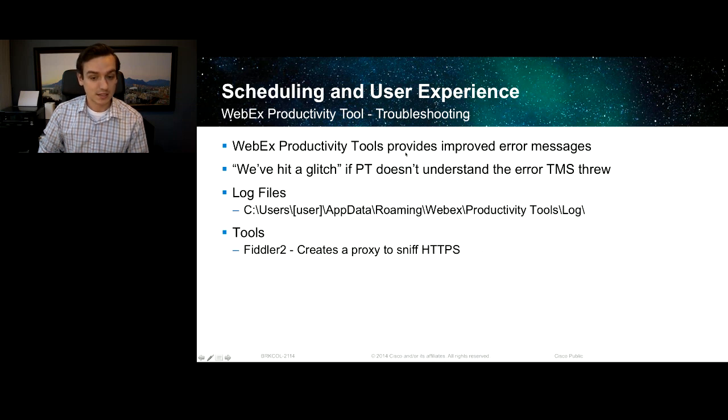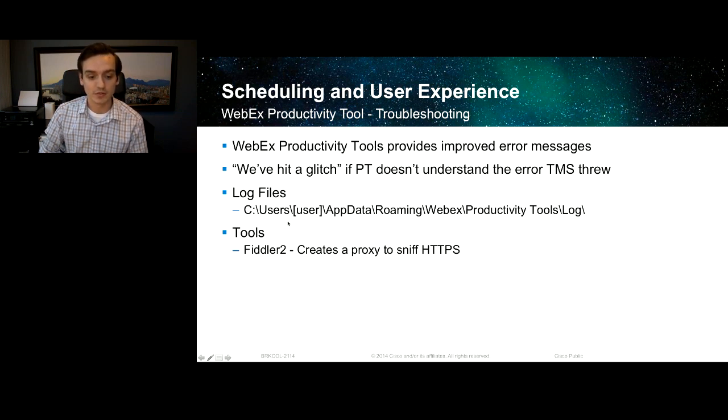So Productivity Tools does have some improved error messages, so it should give more accurate information on why we couldn't book the meeting. Previously, the only error message we got is we've hit a glitch. That may still pop up every once in a while. Basically, Productivity Tools doesn't understand the error message that the TMS booking service sent to it, and it'll just blankly say we've hit a glitch.